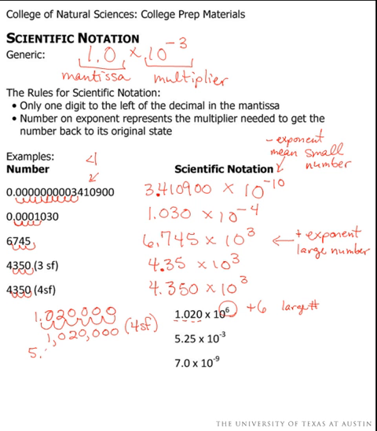For the 5.25, it's a negative 3, so it's a small number, less than 1. So 1, 2, 3, I move it to the left for that negative exponent. There we go. So I have 0.00525. And for the negative 9, again, I have a small number, less than 1.